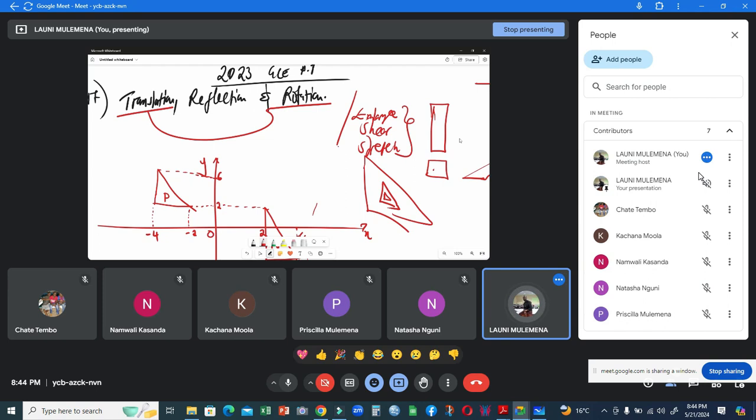The reason why I've explained enlargement, shear, and stretch is so that I can arouse you to go to paper 2 transformation and check it out as well, because it comes under section B, mathematics. It's always there.